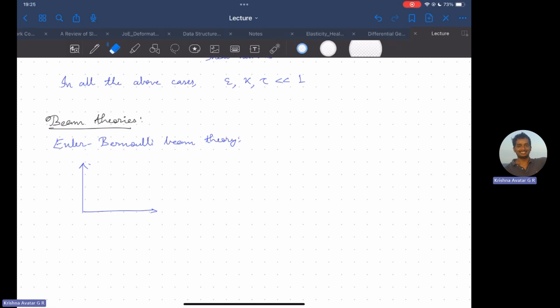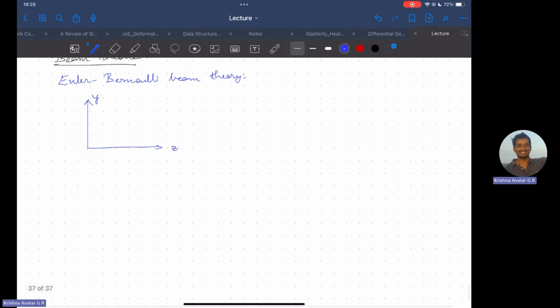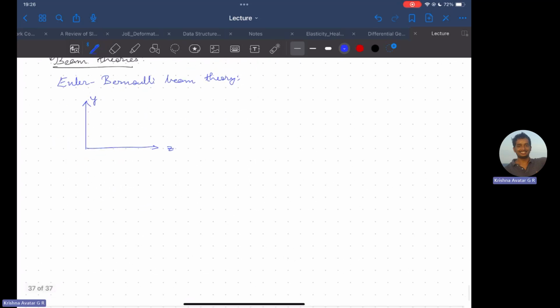So let's call it the Z axis, and this has the Y axis, so that we are consistent with what we'll be following later. This Z axis is the same as E3, and this to be E2, so as not to confuse a scalar with a vector.